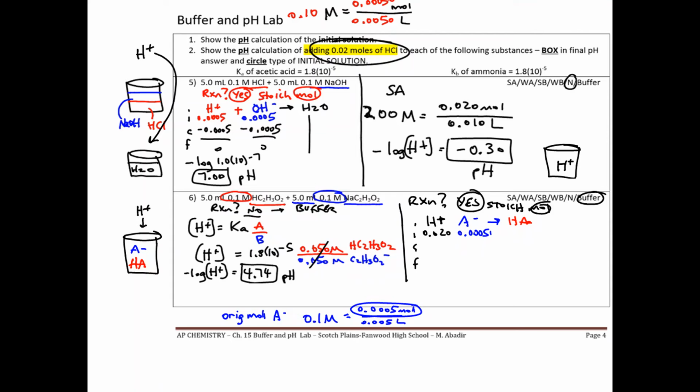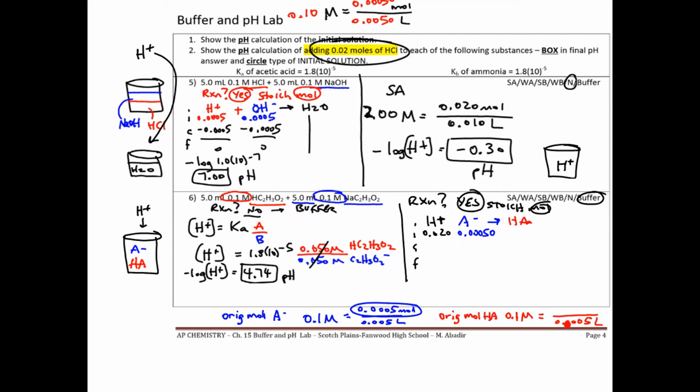Now we need to know the original acetic acid, which is going to be the exact same numbers, but I'm just going to write it so that we understand. Original moles of HA, the weak acetic acid, again that was 0.1 molar, and we had 5 milliliters. I'm sorry, I put an extra 0 there.